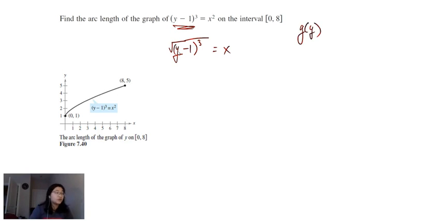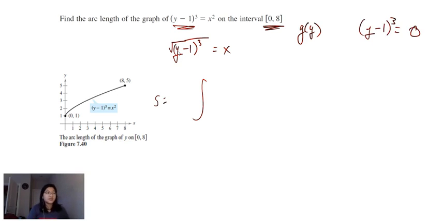And we can still use our arc length formula. So we have our x value inputs, those are what we're given. We can figure out what our outputs are going to be, so our bounds in terms of y. Just plugging those in. So we have y minus 1 cubed equals 0. And when does that happen? When y equals 1, and we can see that right there.